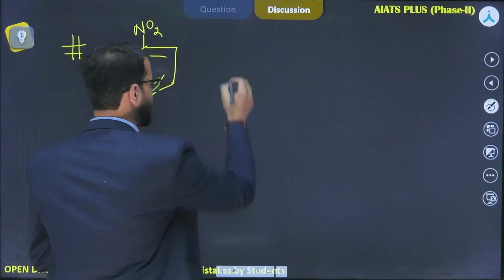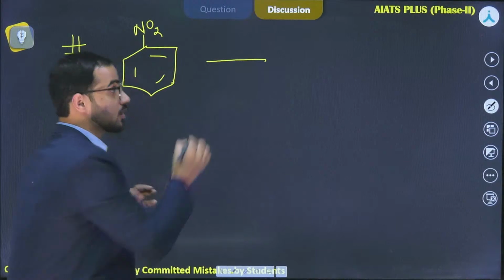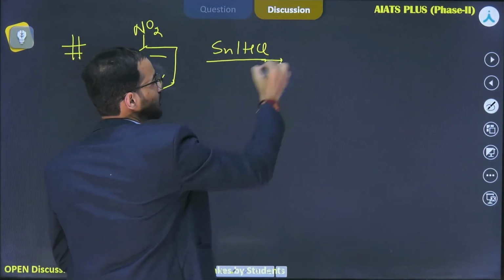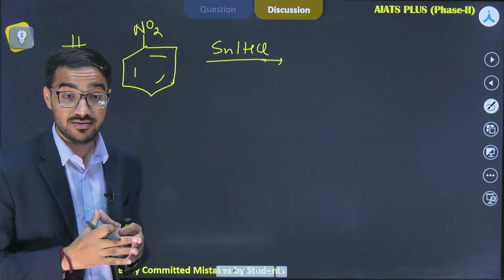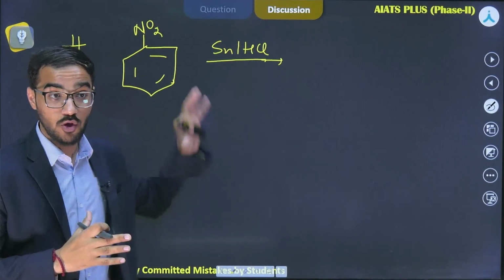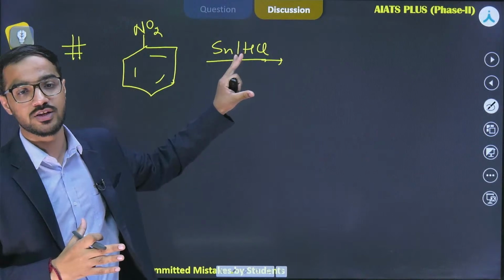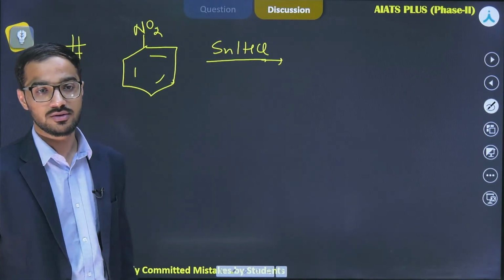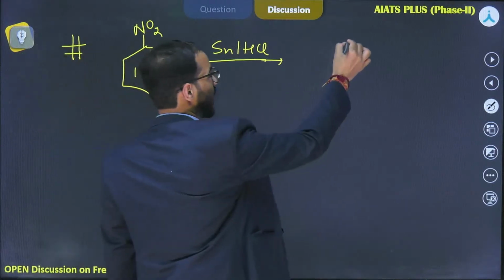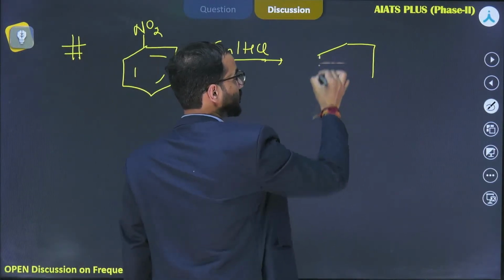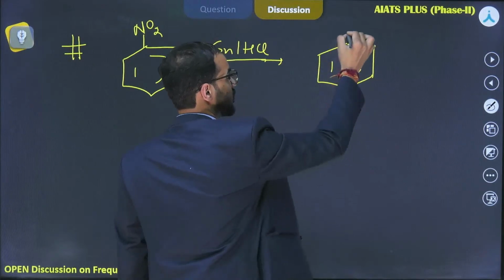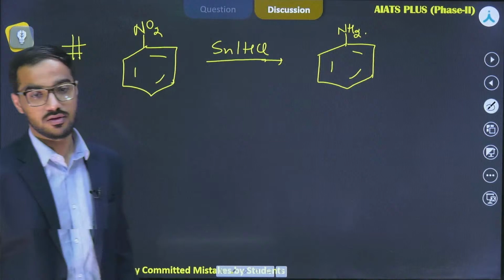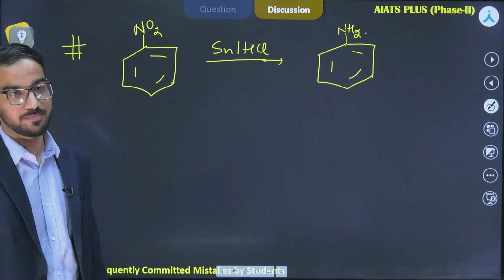First, if you are taking Sn/HCl, what will be the product? If you are reacting nitrobenzene with tin in the presence of HCl, the product is aniline. Absolutely correct.